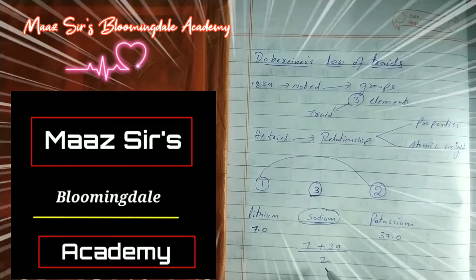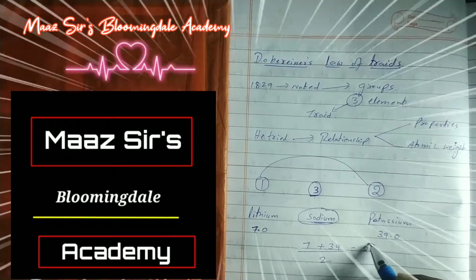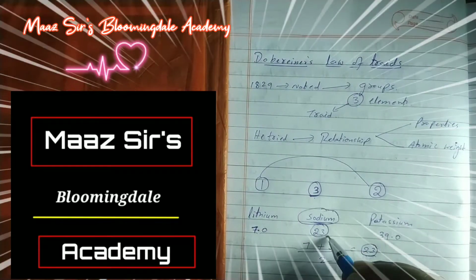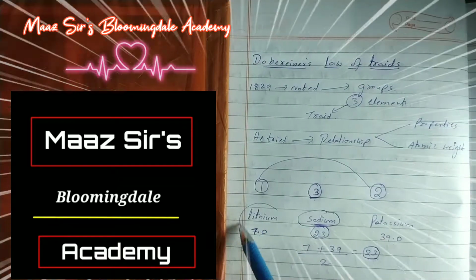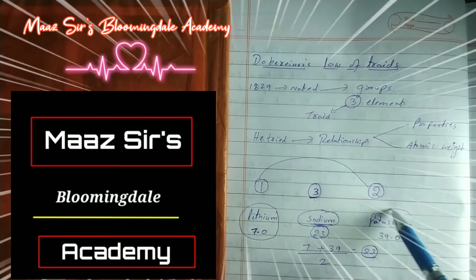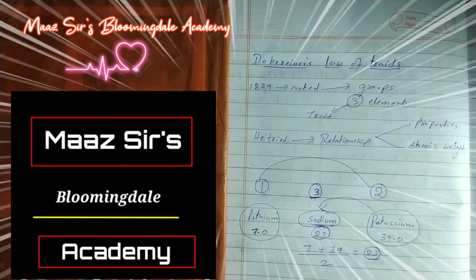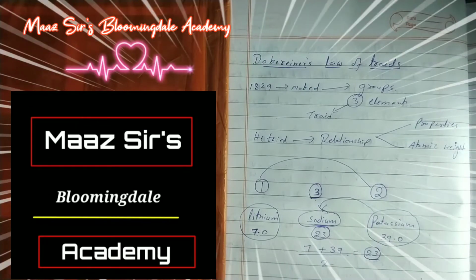When he took the average, he got the value of 23. The atomic weight of sodium is 23. In this manner, he added the first element and the last element and got the middle element by taking the mean. Like that, he arranged some of the elements present at that time.